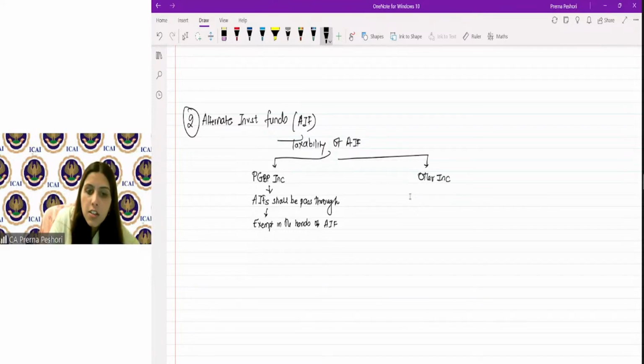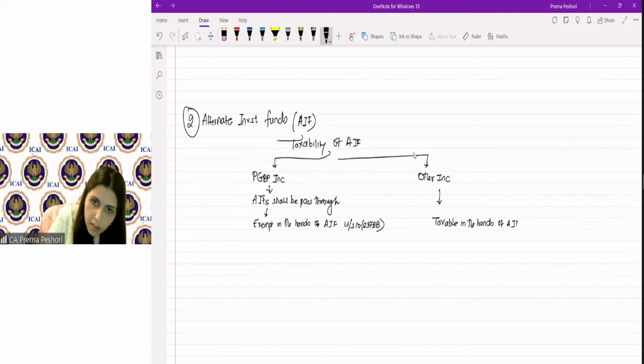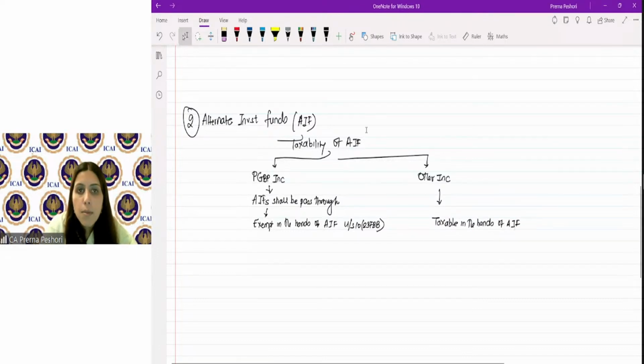Here it will be exempt in the hands of the AIF under section 10(23FBB). And in the case of other income, this shall be taxable in the hands of the AIF.